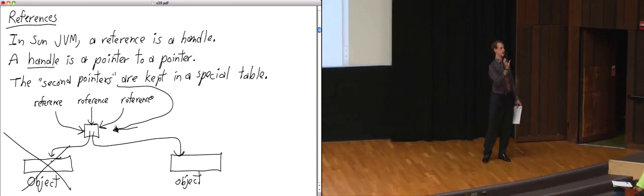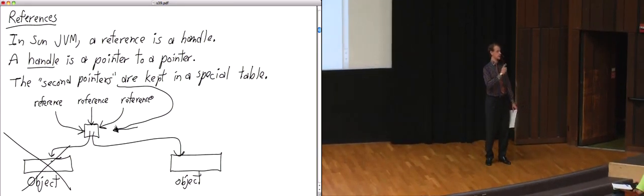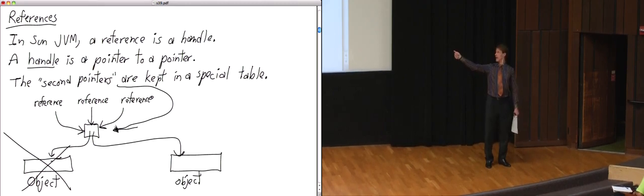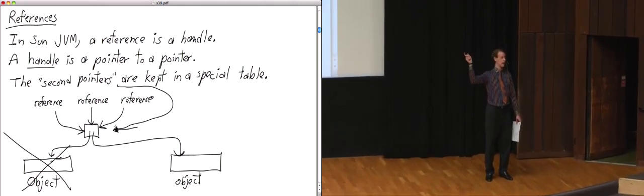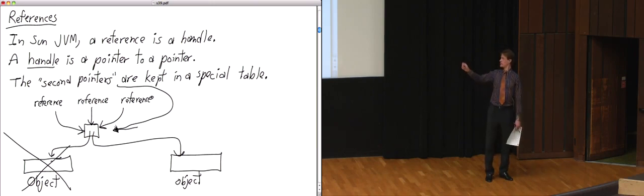One way would be to have an array of bits where you just have one bit for each entry in the second pointer array, and those bits are either 0 or 1 for free or allocated. A second way you could do it is you could actually link all the free pointers together in a stack. And that way you don't even have to use an extra bit of memory for each special pointer.